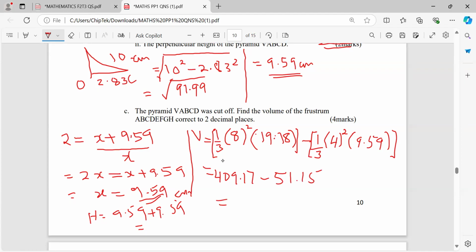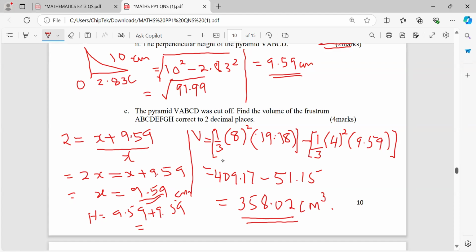Equal to 409.17 minus 51.15. So answer itakupa hapa 358.02, only 358.02 centimeter cube. So that tutapata answer yetu.